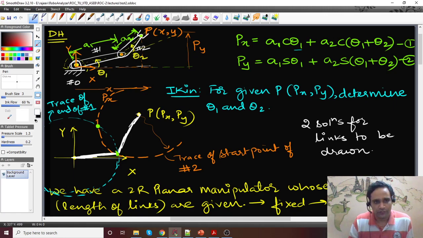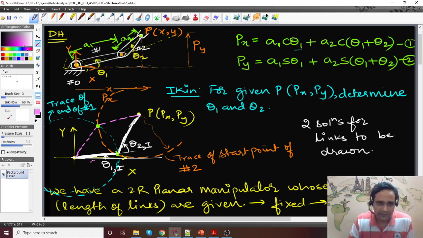Okay, so the angle that this makes, let me call it theta 1, first solution, and the angle the second link makes, let me call it theta 2, first solution. Okay, Roman number 1. Similarly, the second solution, another solution also will be able to go there. So that is like this.